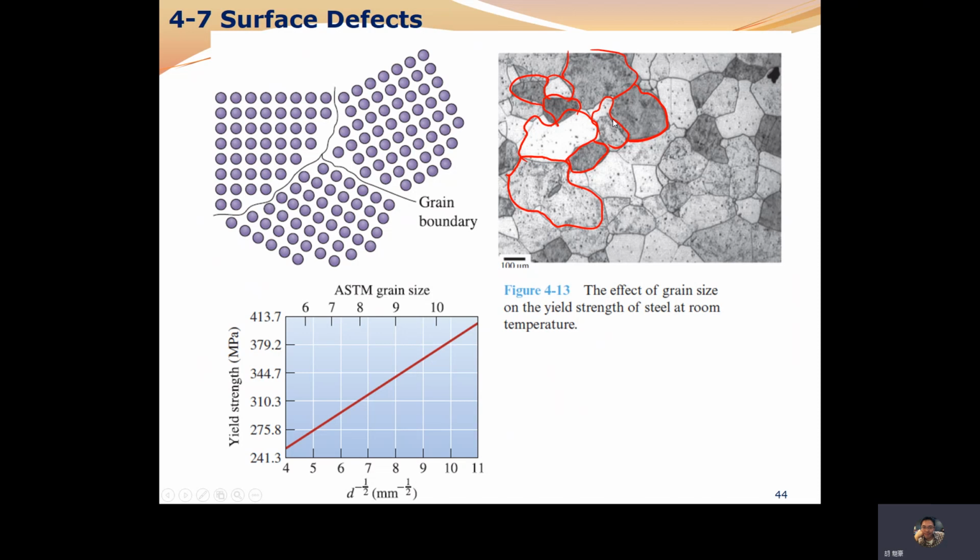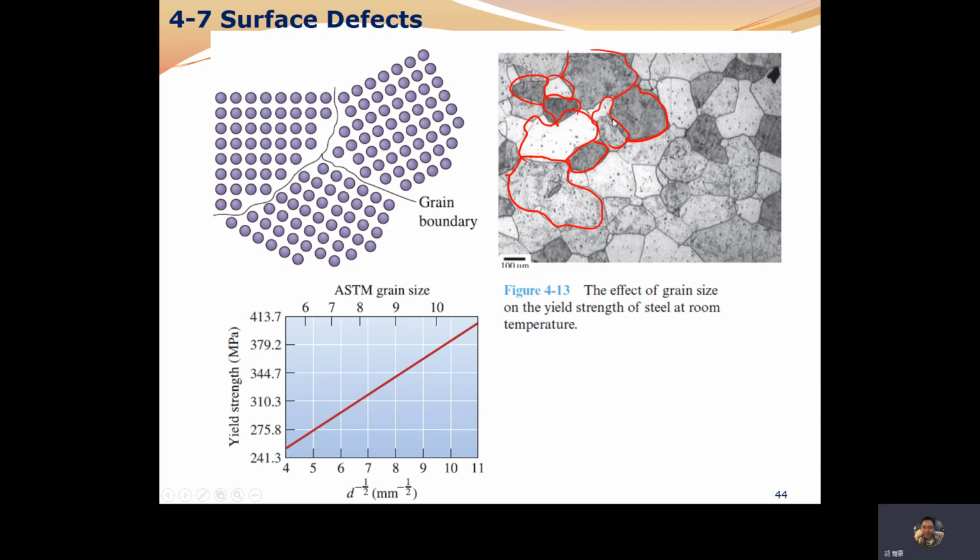Okay, so you can imagine that if the grain size is not uniform, and we have a painting, a color pen, to dye a metal sheet, the uniformity of this painting must not be uniform, right?